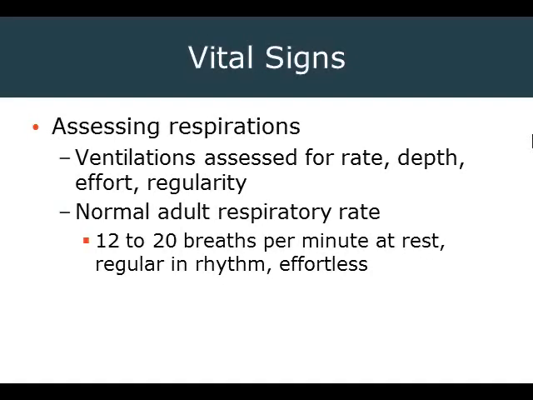We know that for an adult, the normal or average adult respiratory rate is around 12 to 20 breaths per minute at rest. It's regular in rhythm. It's effortless. And the depth itself, it's noticeable that they're moving air in most cases, but not overly obvious.